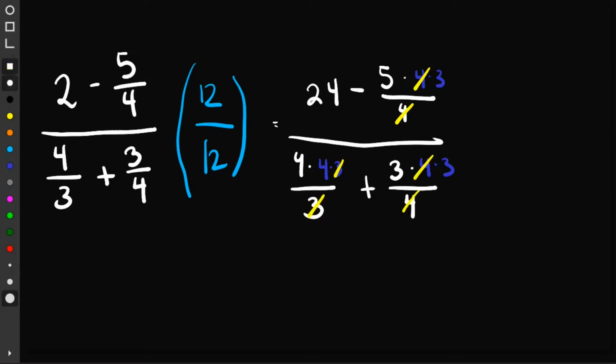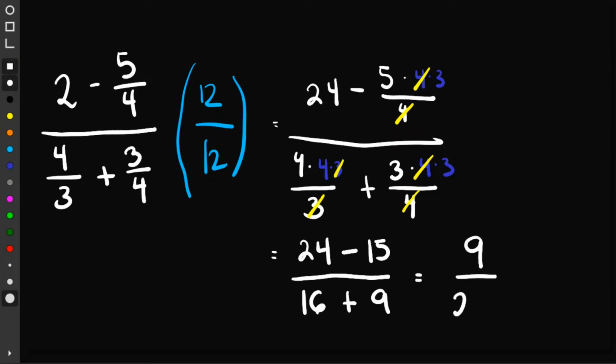So these would leave us with 24 minus 5 times 3 is 15 all over 4 times 4 is 16 plus 3 times 3 is 9. And this one is actually just 9 over 25. And that is the final answer.